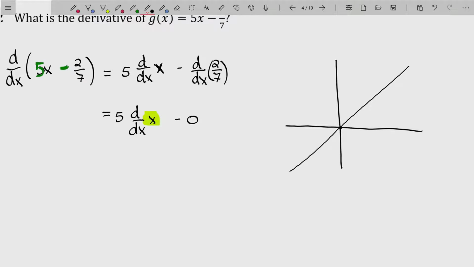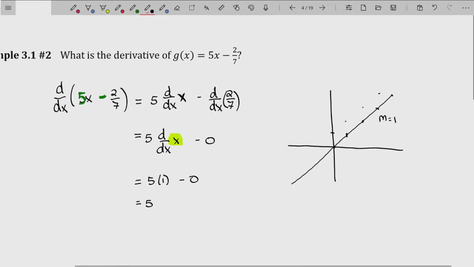The slope of that curve at any given moment is 1. It rises 1 when it runs 1. It rises another 1 when it runs another 1, and so on and so forth, all day long. So the slope of this curve always is 1. Therefore, just using sheer logic like that, I can easily answer this question without using calculus. I could say, oh, that's 5 times 1 minus 0, which is just 5.